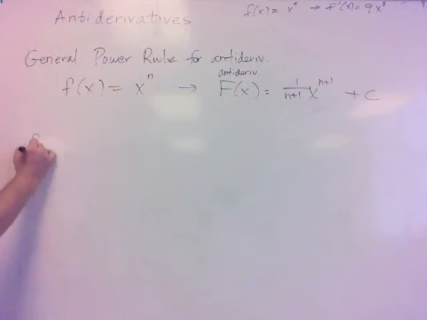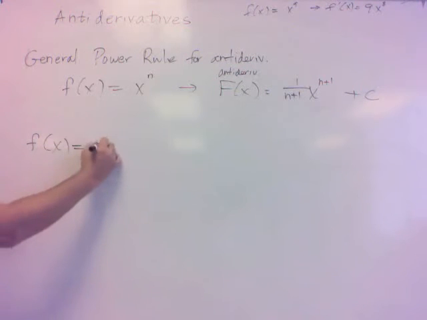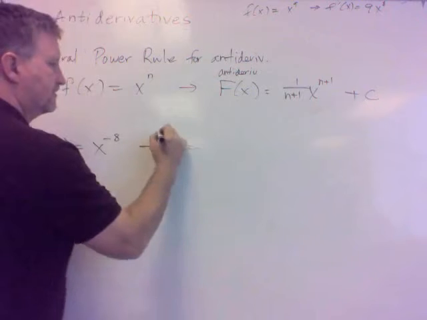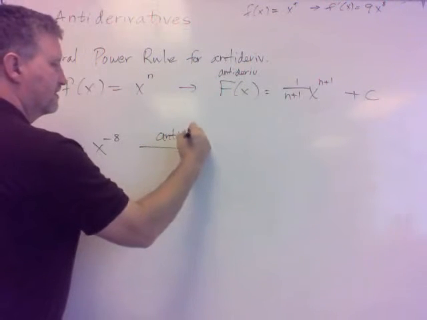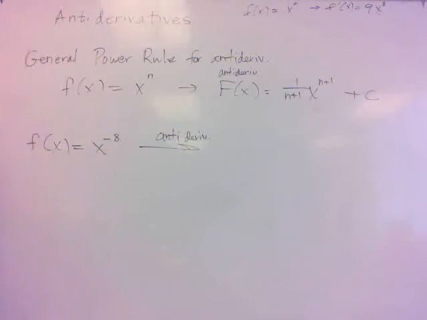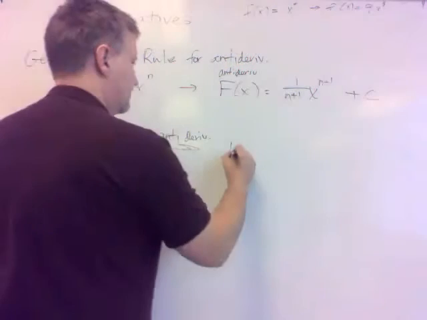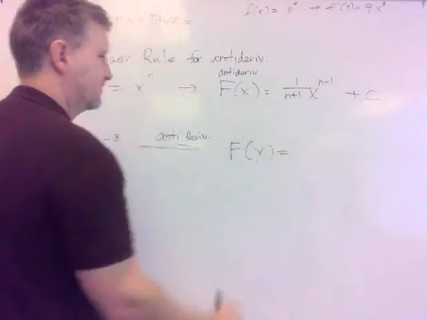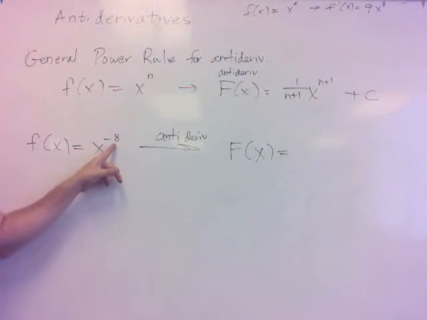What if I have f of x equals x to the minus 8? What's the antiderivative there? And that's the thing about the upcoming test that we have. You're going to have to do derivatives and antiderivatives, so you're going to have to keep these straight. But anyway, I want the antiderivative, big F of x. So to add 1, what do I get when I add 1 there?